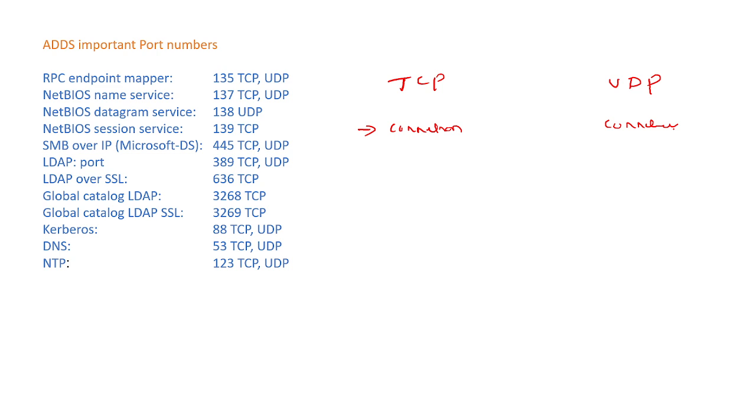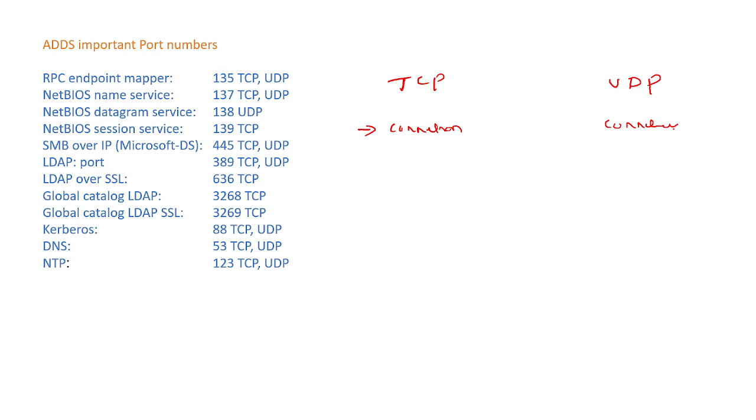See, if I send you hi, hello, how are you, TCP makes sure all three packets reach the destination. UDP is not like that. Whether you're receiving it or not, it will simply throw it, that's all. That is called UDP. TCP is connection oriented, UDP is connectionless. TCP gives you end-to-end acknowledgement.